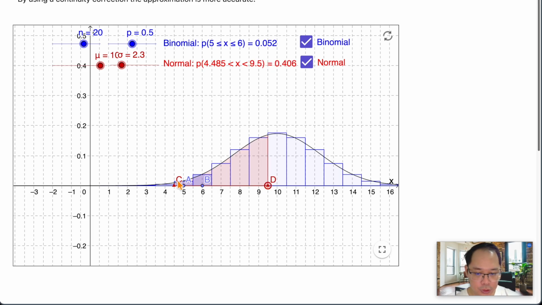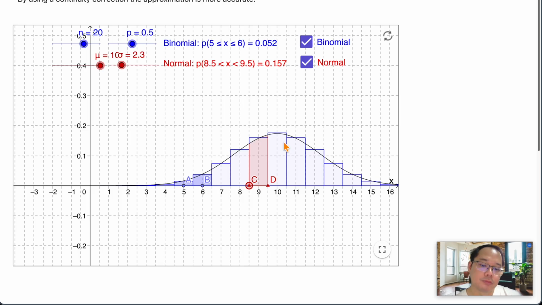If I put the value x is 9 here, this is 8.5 to 9.5, so that the boundaries of the normal distribution are the two edges, left edge and right edge of the column. Okay, so we can see that the probability calculated from the normal distribution is about 0.157, which is close to my approximation when I look at the graph here.